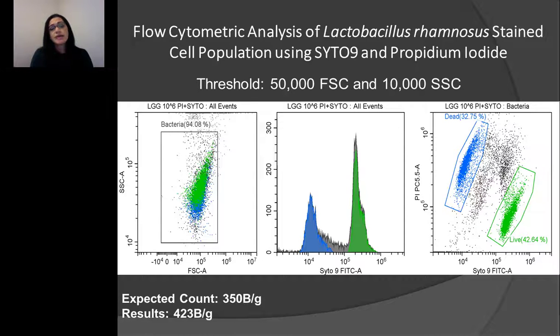And it's not a surprise, because when you look at the plating, you won't get as many cells as we got with this flow cytometric method. This is because in the plating, you're not able to see the dormant cells. The dormant cells are not able to form colonies, but they are not dead.